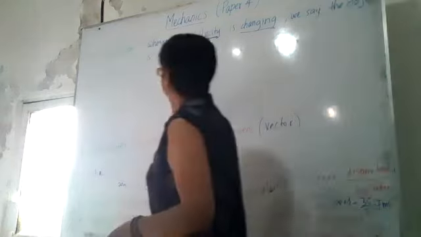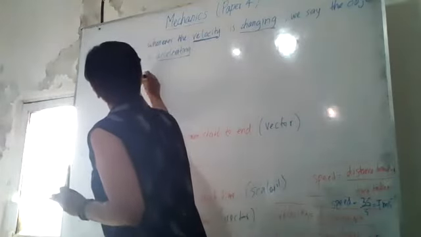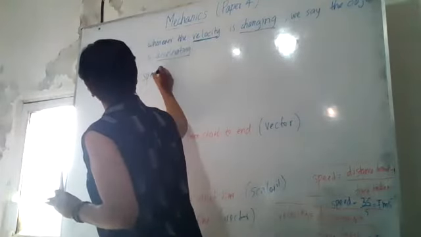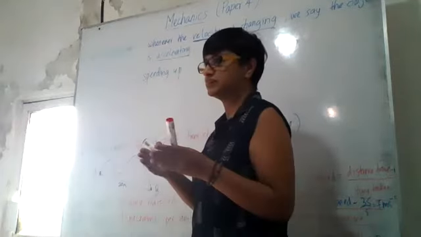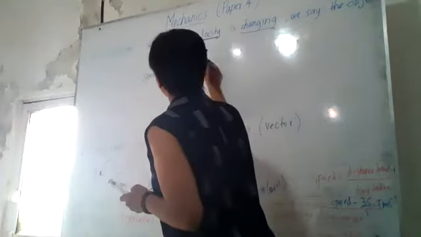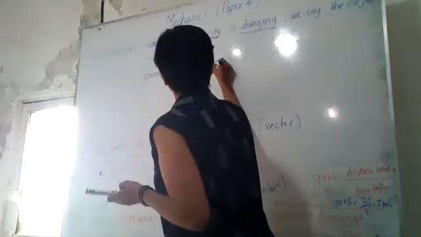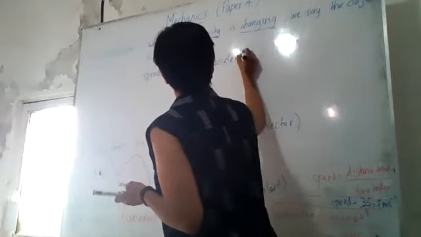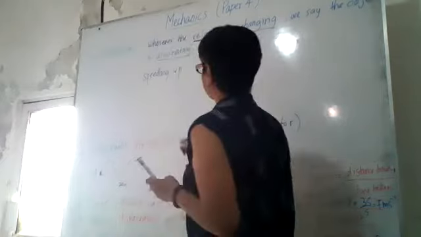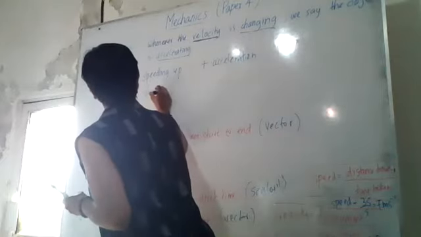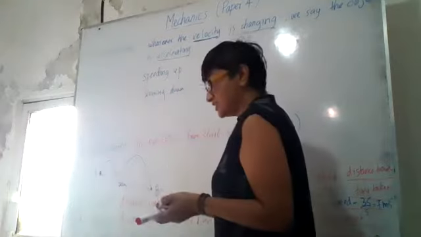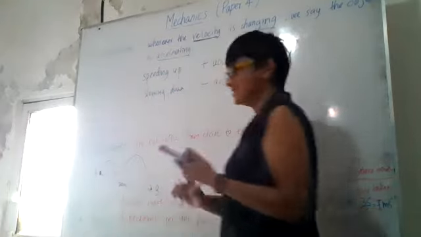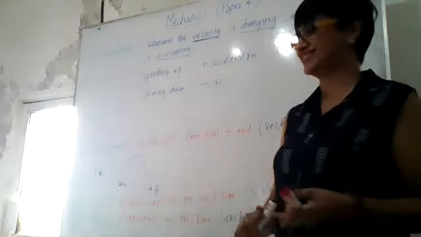So if you are actually speeding up, there are different ways in which you can say it. You can say it's positively accelerating, it's a positive acceleration. If it is slowing down, you can say it is a negative acceleration or deceleration or retardation.